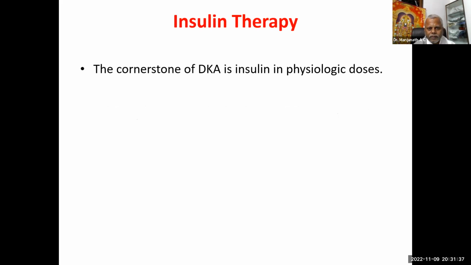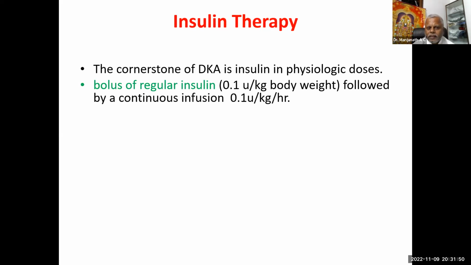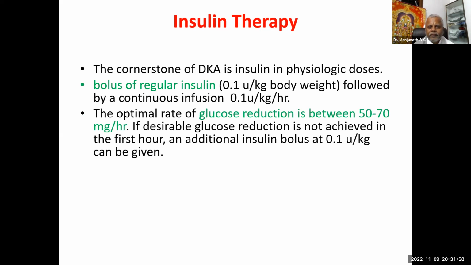Insulin therapy, the cornerstone, as we have seen that the lack of insulin is the main cause of diabetic ketoacidosis. Insulin therapy is the cornerstone in physiologic doses. Usually, the insulin therapy starts with a bolus of 0.1 unit per kg weight, followed by infusion of 0.1 unit per kg per hour.